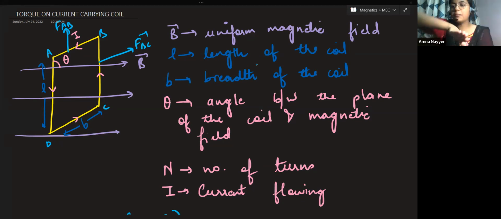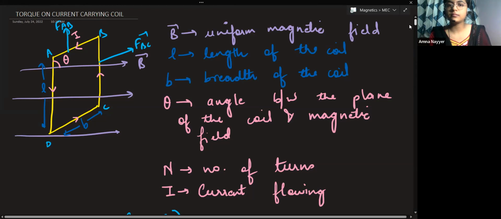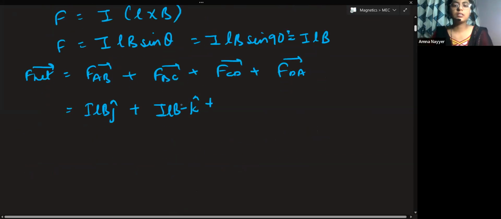If I keep my hand like this, then I'm able to curl them towards the right side. So which unit vector is this? Downwards. That is minus j cap. So I think only 2 students were able to do it, Atif and Krishna. So this becomes ILB minus j cap.